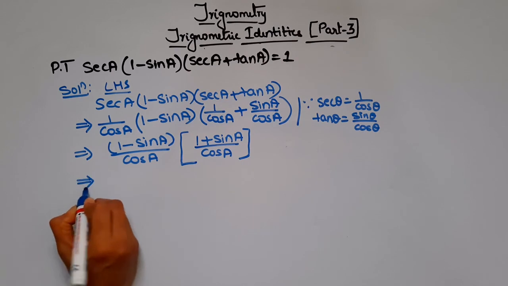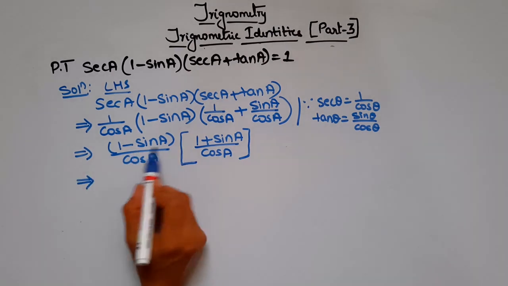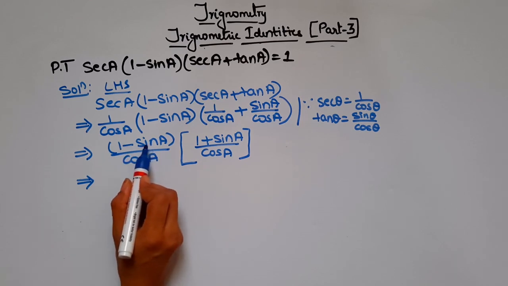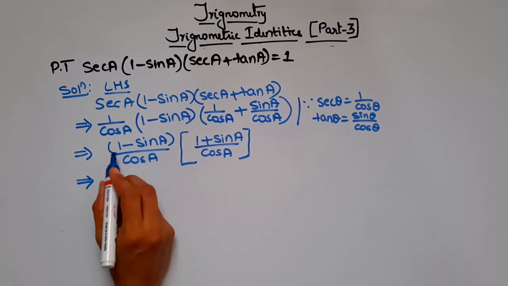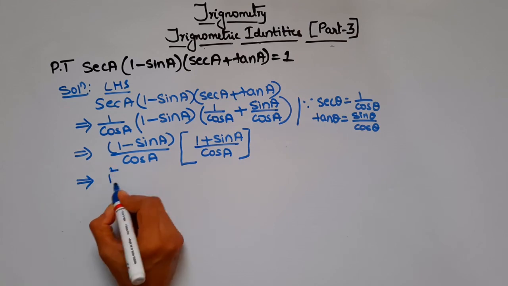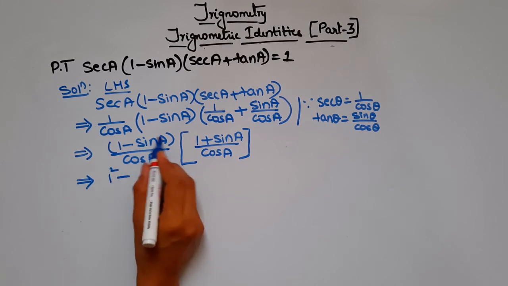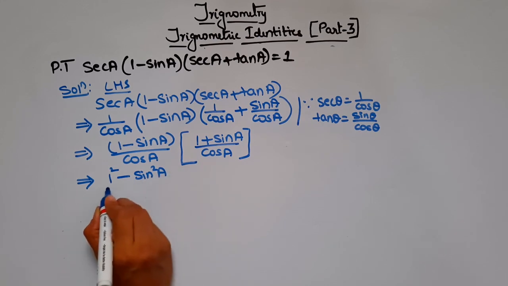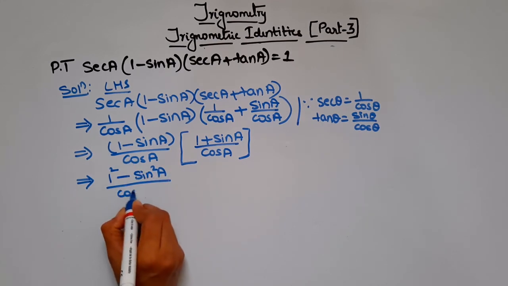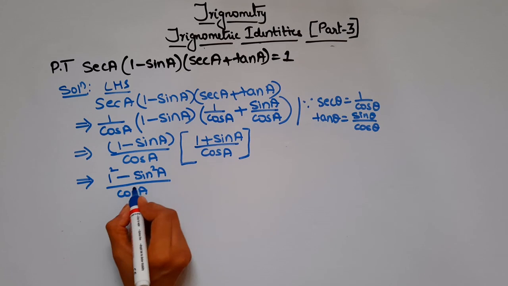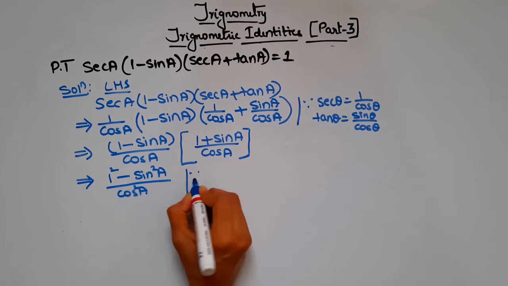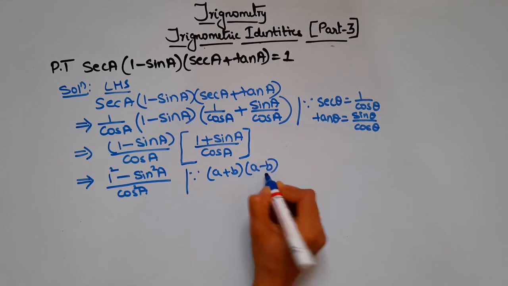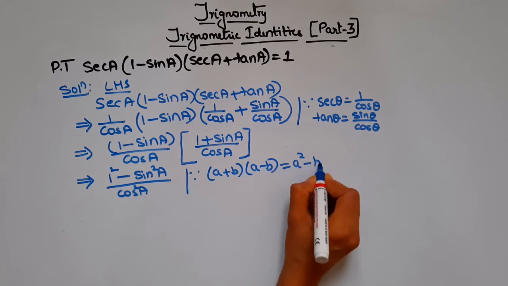So this implies, here if you see the numerator, this is of the form (A plus B) into (A minus B). So you can write A square minus B square. A here is 1, so 1 square, minus B here is sin A, so B square is sin square A, right? By, we have cos A into cos A is cos square A, since (A plus B) into (A minus B) is A square minus B square.